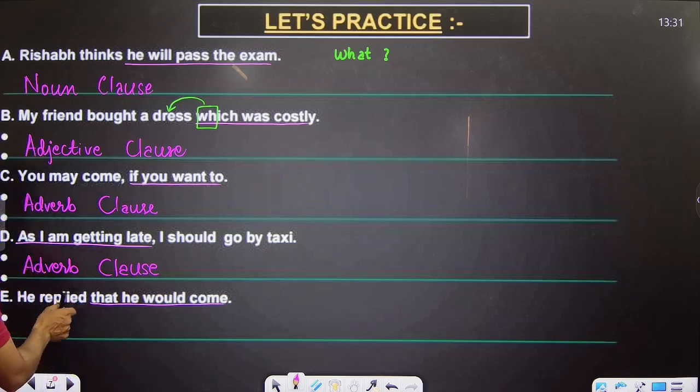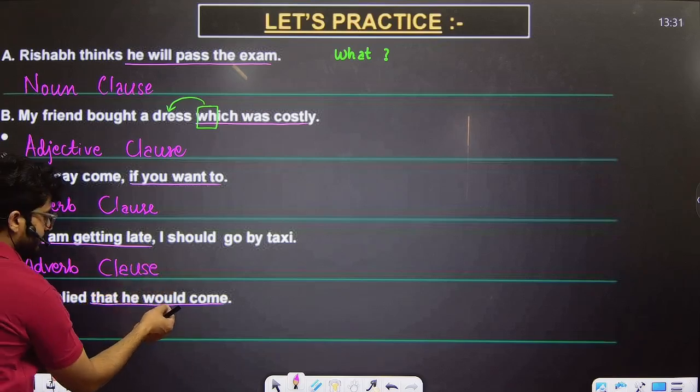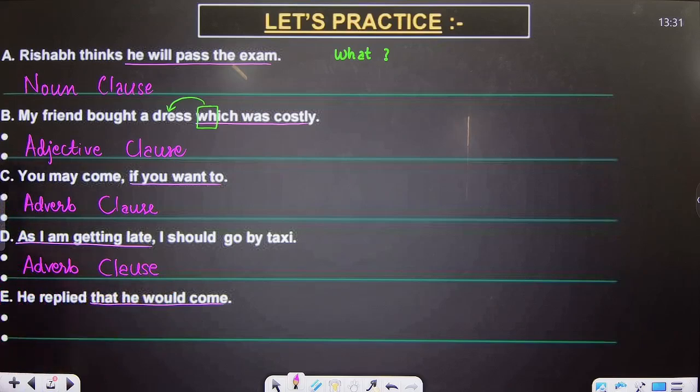Okay, he replied that he would come. उसने जवाब दिया कि वह आएगा, that he would come. So what is it? Adverb, adjective? No. That he would come, वो रिप्लाई दिया कि वो आएगा.